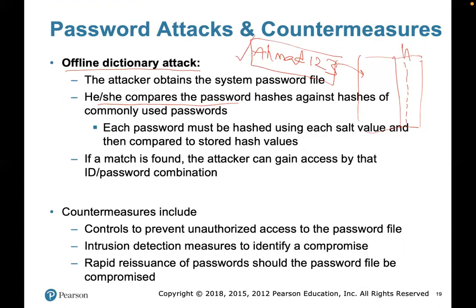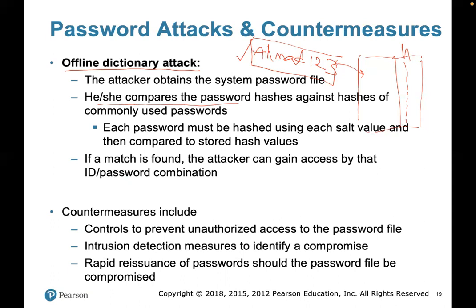But if we assume that there is a salt value, the attacker must try different salt values as well, which makes the attack even more complicated and more time consuming.